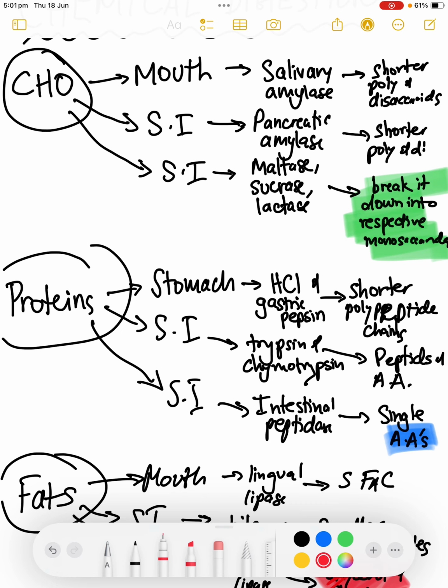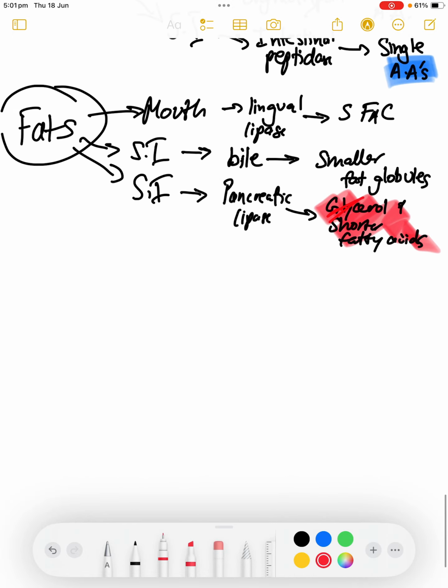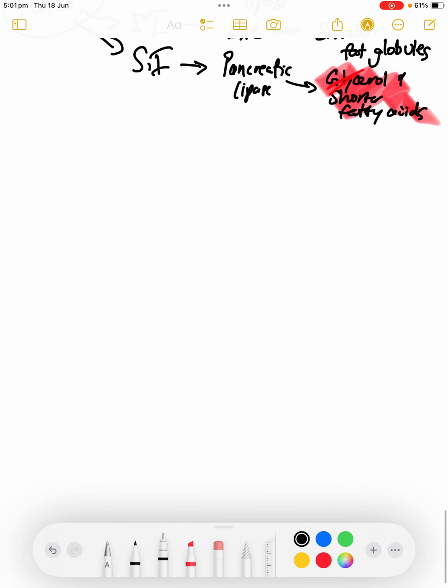Alright, the next one we'll talk about is absorption in the villi. That's number 3 as well.